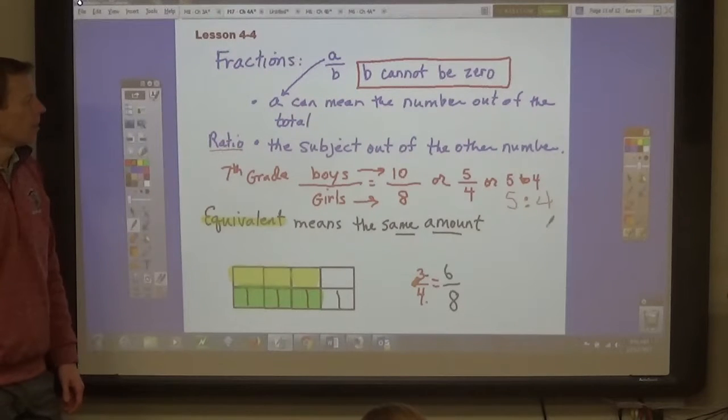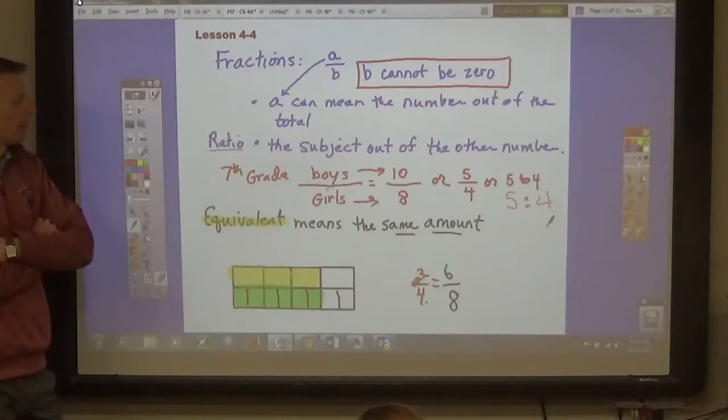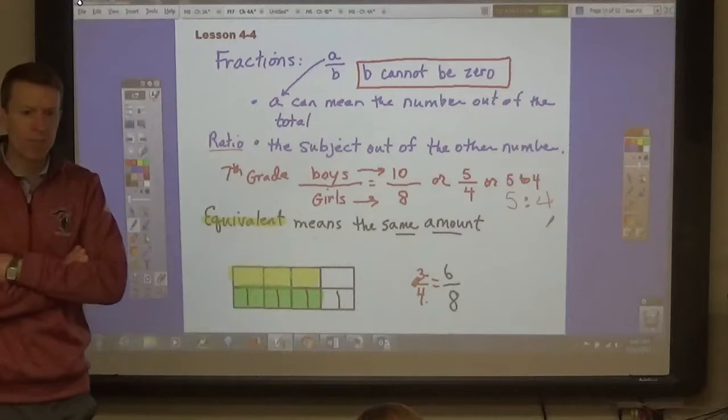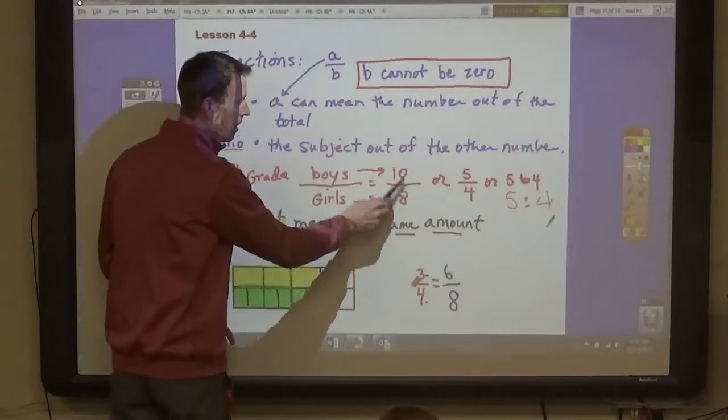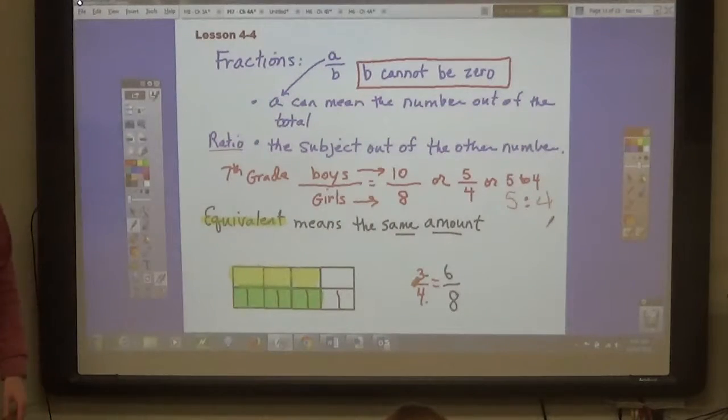That's the ratio of boys to girls. So, that would mean that there are 5 boys out of how many total students in 7th grade? 5 out of how many? 18, right? Because 8 plus 10 is 18. So we could write that as a fraction.